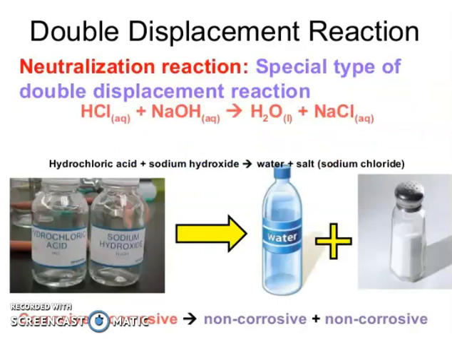Now double displacement reaction, neutralization reaction, a special type of double displacement reaction. Acid plus base gives water and salt. You can see hydrochloric acid and sodium hydroxide give water and sodium chloride. So corrosive, corrosive, non-corrosive, non-corrosive.